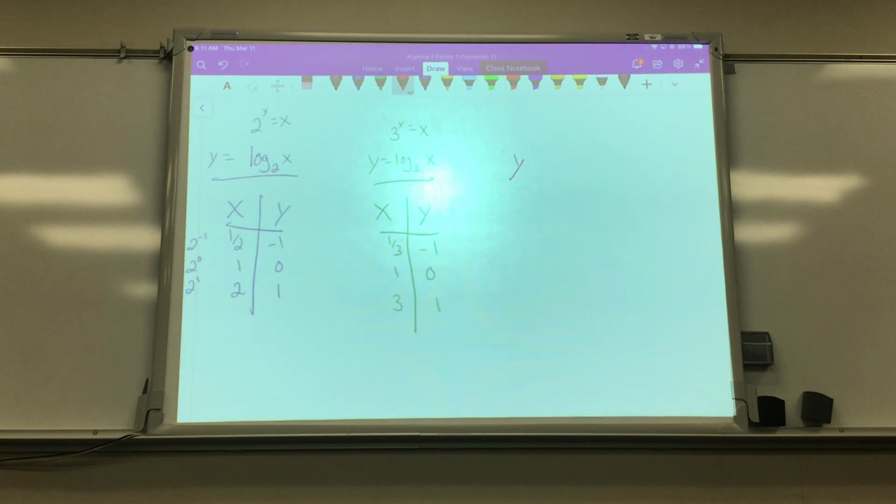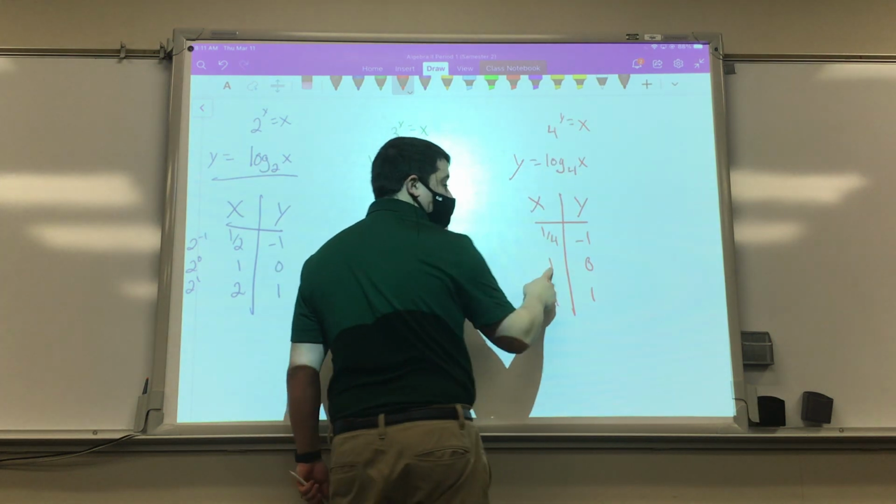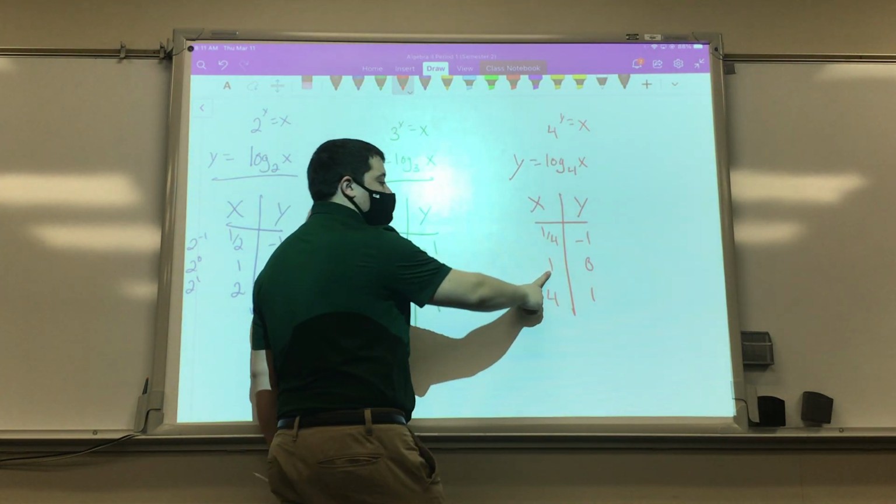Log base 4. We're saying 4 to the y equals x. Your table, again, is negative 1, 0, 1 for y, and 1/4, 1, 4 for x. Are you guys seeing a pattern with those tables? You're doing negative 1, 0, 1 every time, so 4 to the negative first is 1/4. 4 to the 0 should always be 1, shouldn't it? Anything to the 0 power is 1.